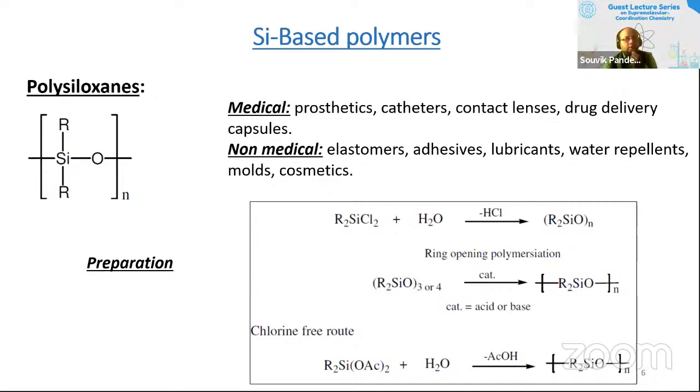I just wrote here two or three structures, two or three reaction ways, then you can have a look into the textbooks for their preparations.